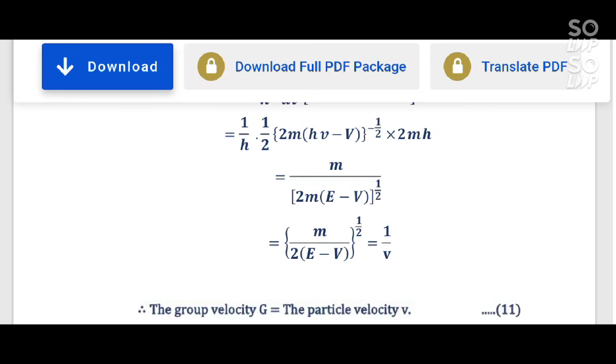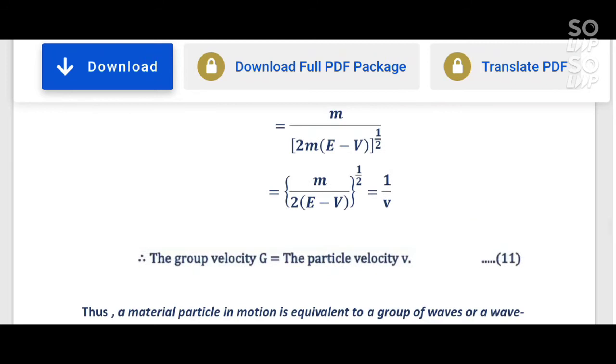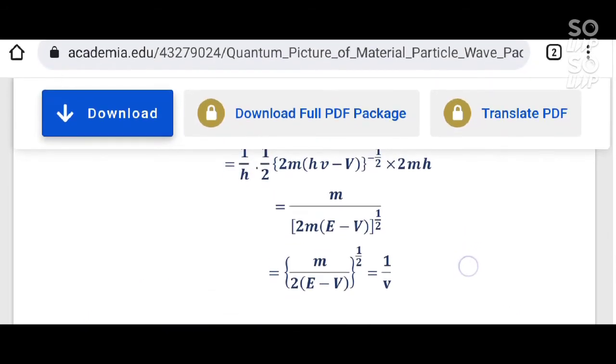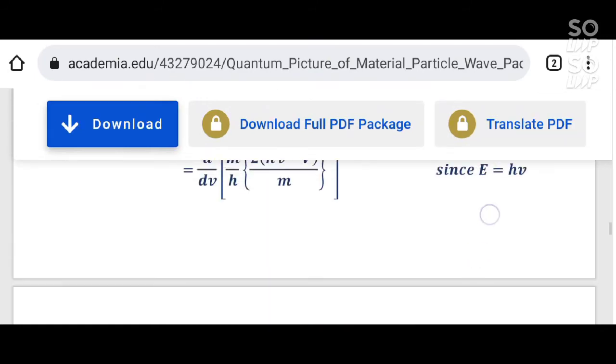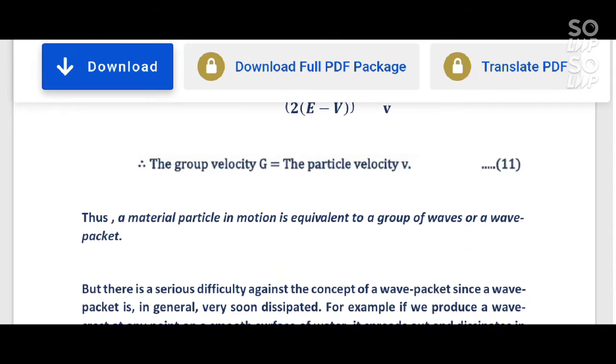But there is a serious difficulty against the concept of a wave packet, since a wave packet is in general very soon dissipated. For example, if we produce a wave crest at any point on a smooth surface of water, it spreads out and dissipates in a very short time.